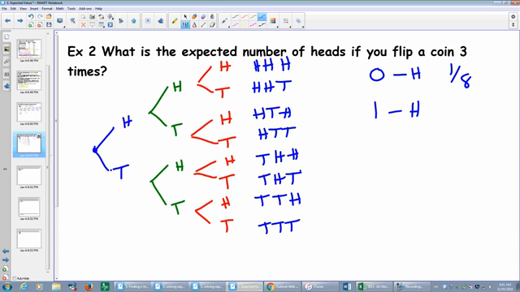Curtis, how many ways can I flip 1 head? 3. 3 out of 8. And how about 2 heads, David? Good. And Joanna, how many ways can I flip 3 heads? 1 out of 8. Anyone have any questions about how I've gotten these?